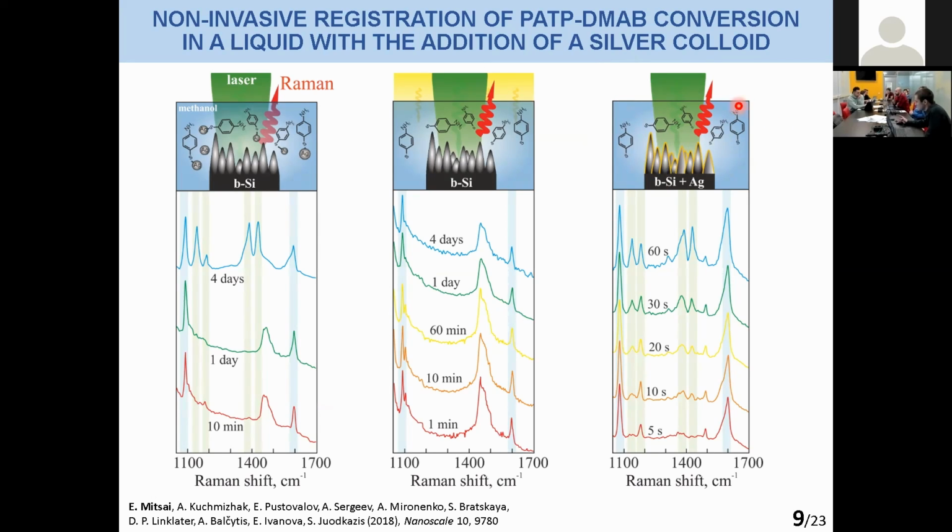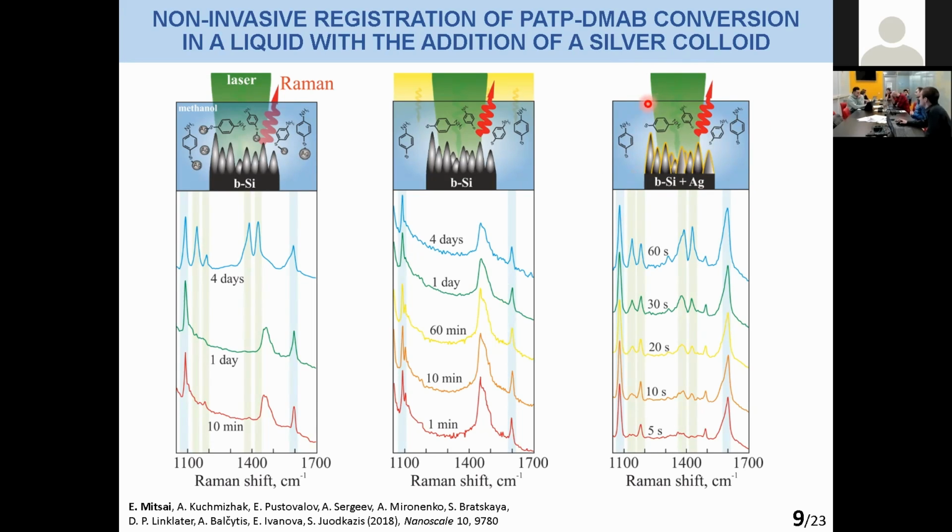So we are not able to track the reactions in the volume of the cell. We see the reaction on the surface, but not in the volume of the cell.